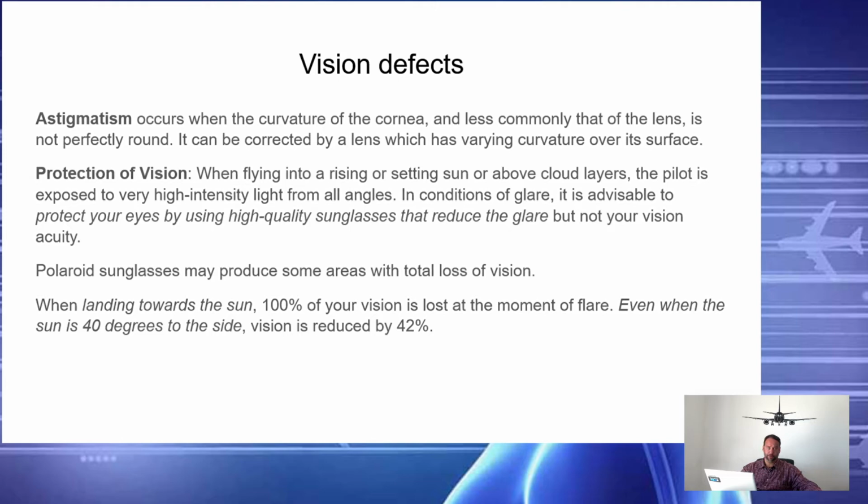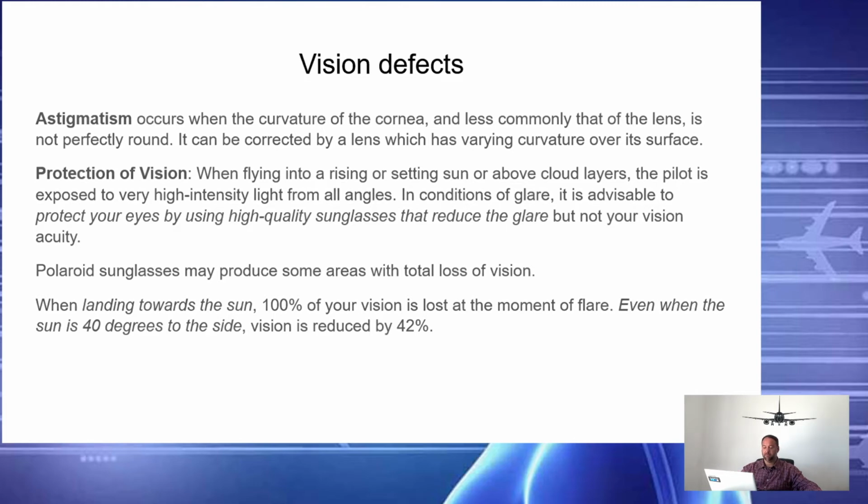Protection of vision. When flying towards a rising or setting sun or above cloud layers, the pilot is exposed to very high intensity light from all angles. In conditions of glare, it is advisable to protect your eyes by using high quality sunglasses that reduce glare but not your vision acuity.